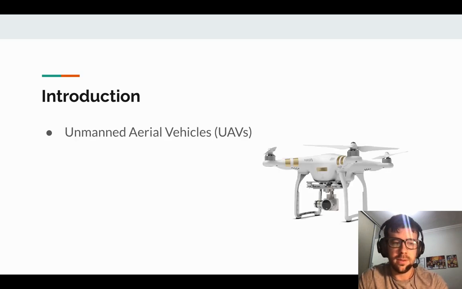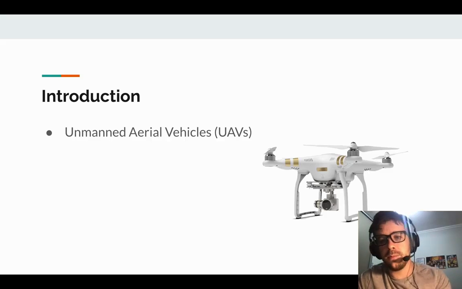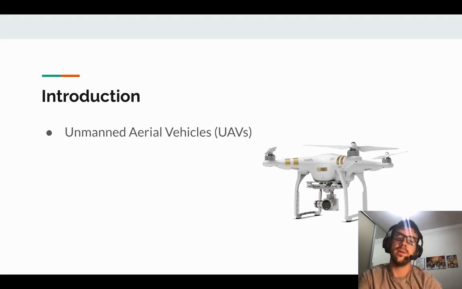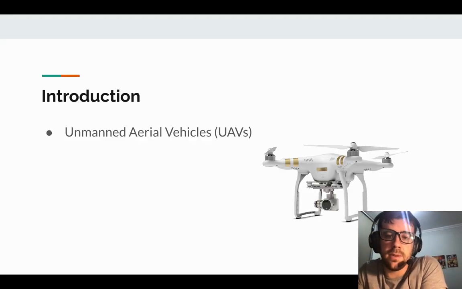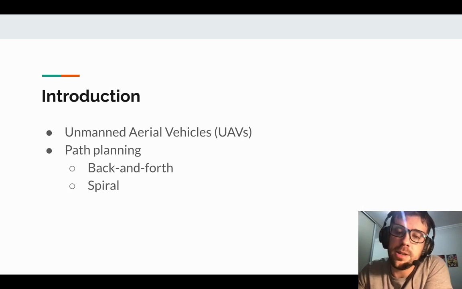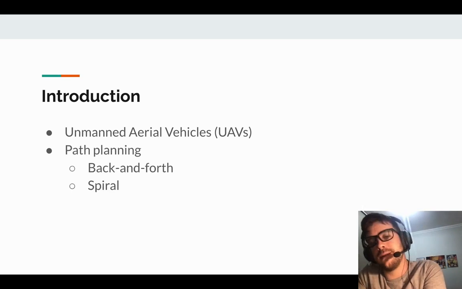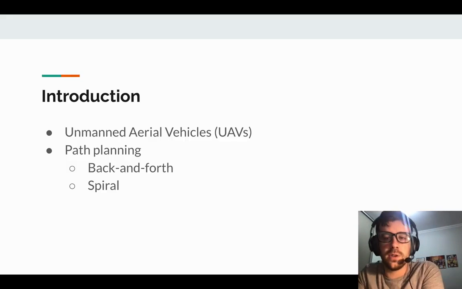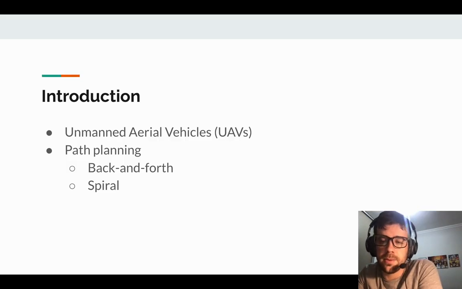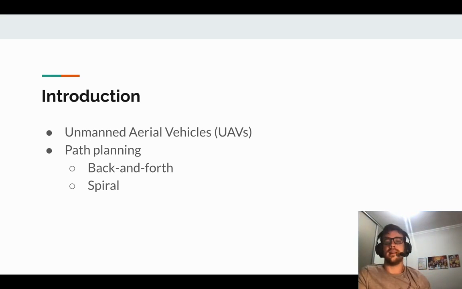Now about the UAVs, lately unmanned aerial vehicles have been employed in several application domains involving terrain coverage, and that application is related to the problem of coverage path planning, which consists of finding the routes that cover every point of a certain area of interest.